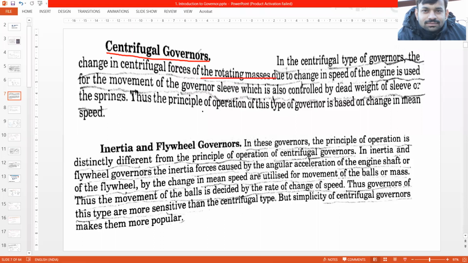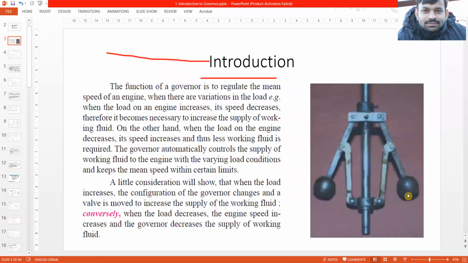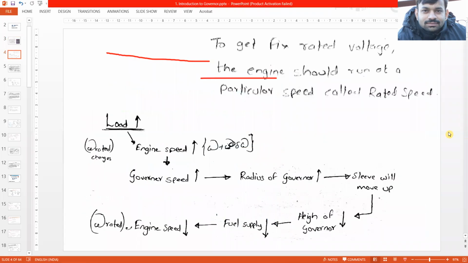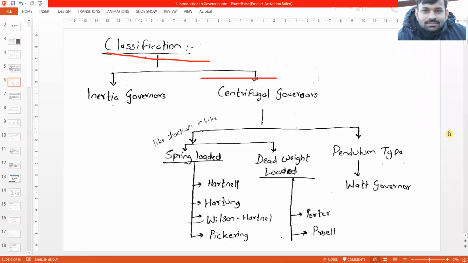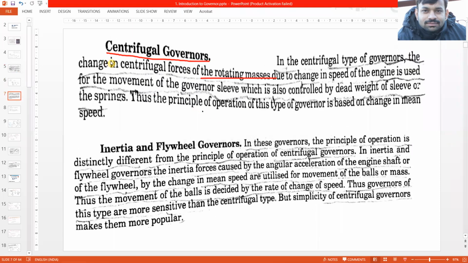As we saw in the diagram on the first slide, these are the balls and they rotate about the axis of the spindle. Since they are rotating, they have some centrifugal force, and with the help of that centrifugal force of the rotating masses, we are able to govern the movement of the sleeve.